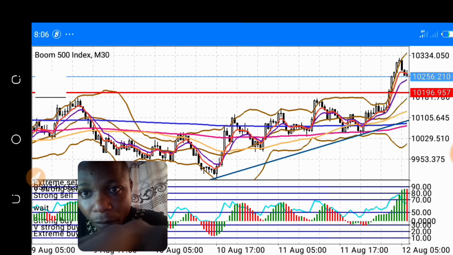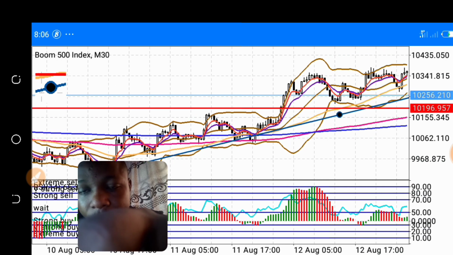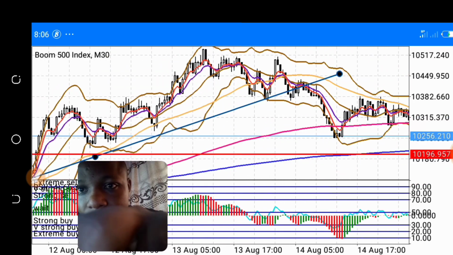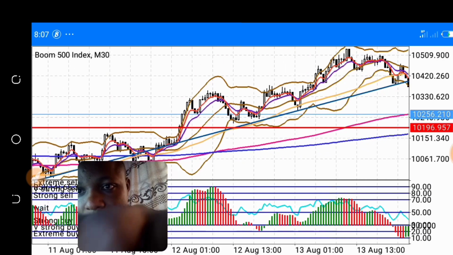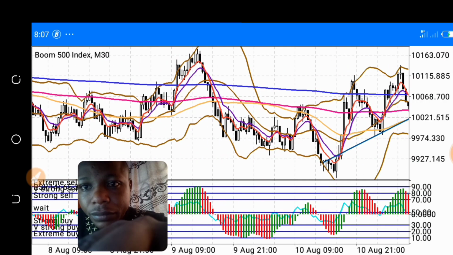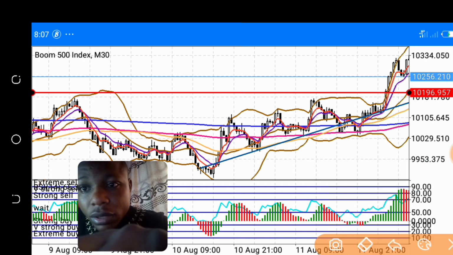So you have to draw the upper higher low, which is here. This is the higher low. We have a higher low over here. So it is respecting more of the higher lows. So you see, it respected it here, here.